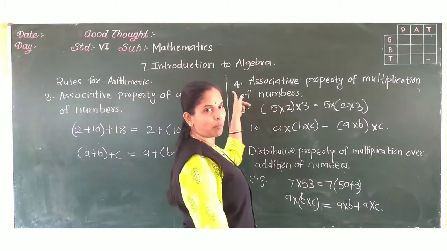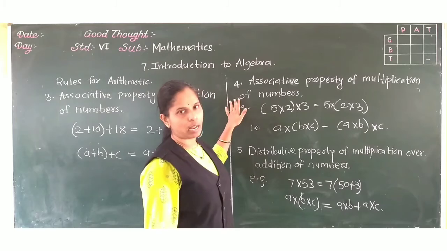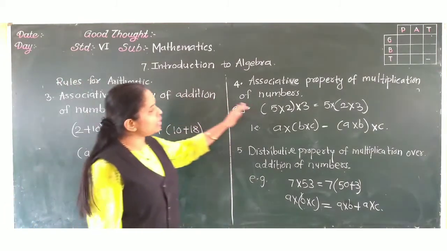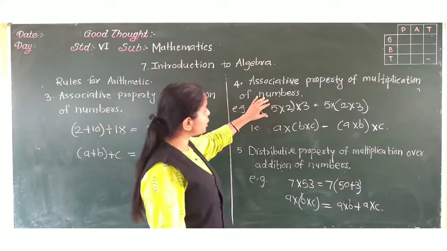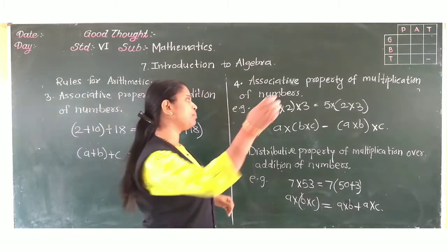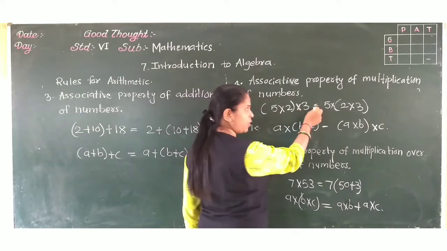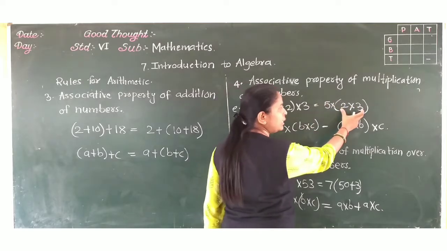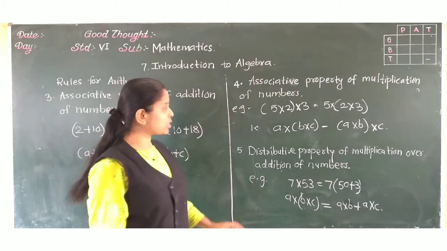Next, fourth property we have learned, that is associative property of multiplication of numbers. Now same like this only. Here addition was there, but here multiplication is there. So 5 into 2 into 3. Multiplication of two numbers, and whatever answer comes, if we multiply it by the third number, the answer remains same when we multiply the last two numbers and multiply that answer by the first number.